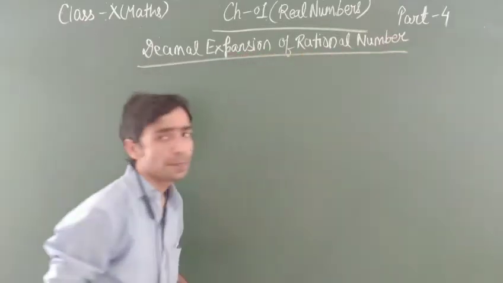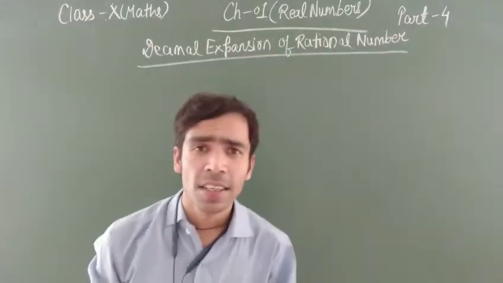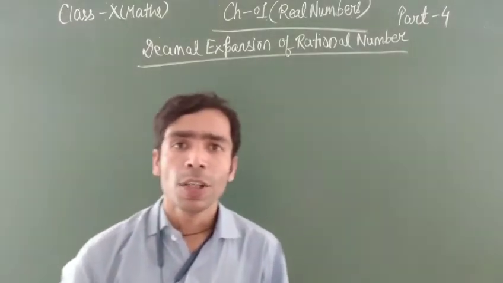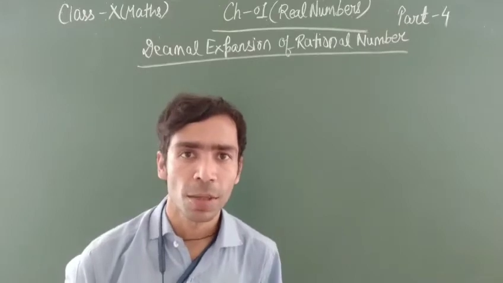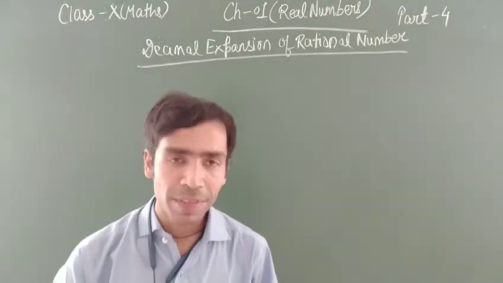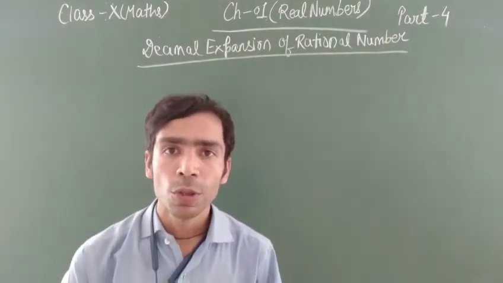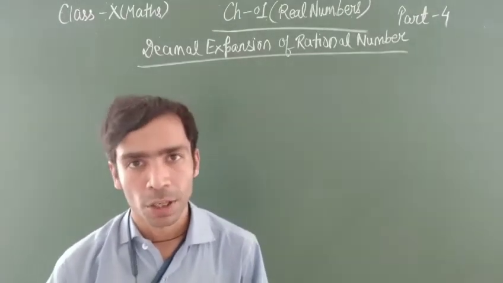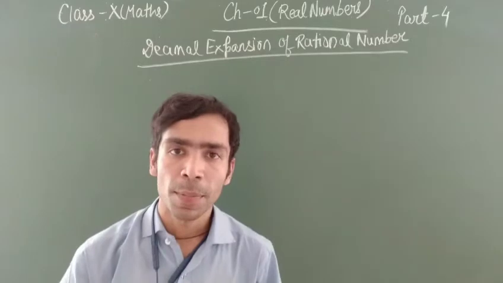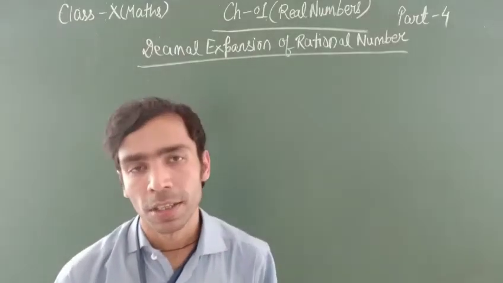So students, in class 9th we have learned what a rational number is. In class 10th also we have learned what a rational number is, and in the previous classes you have gone through the difference between rational and irrational. There were some properties of rational as well as irrational numbers.